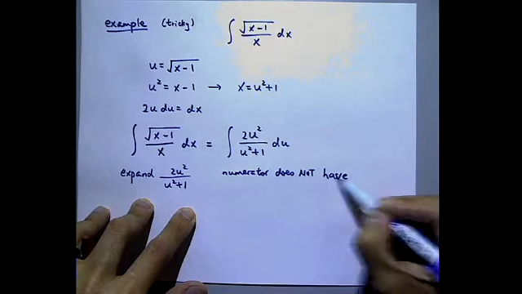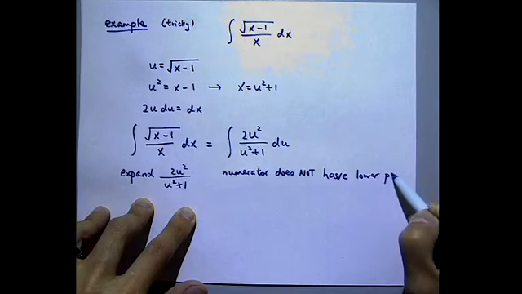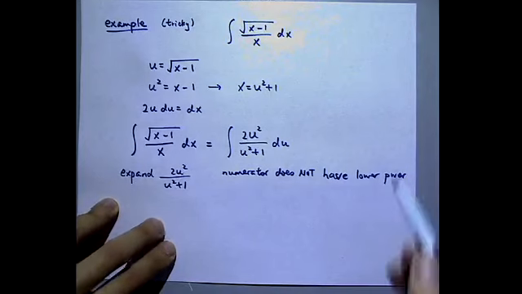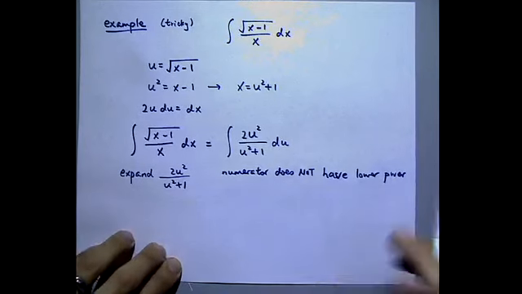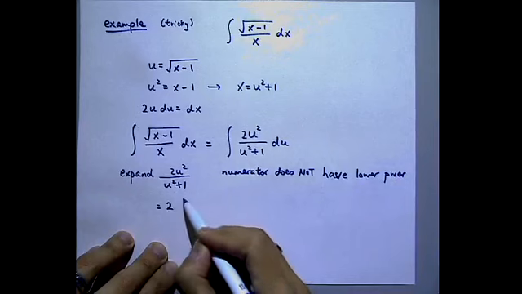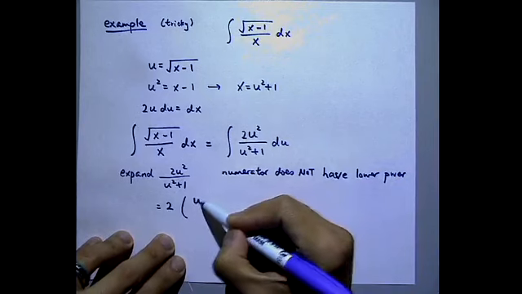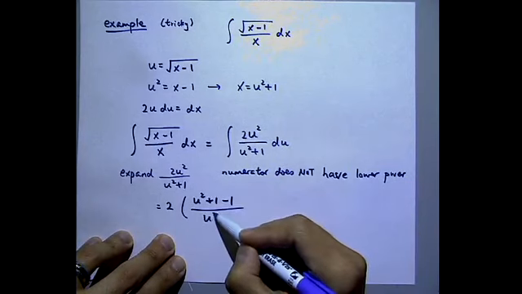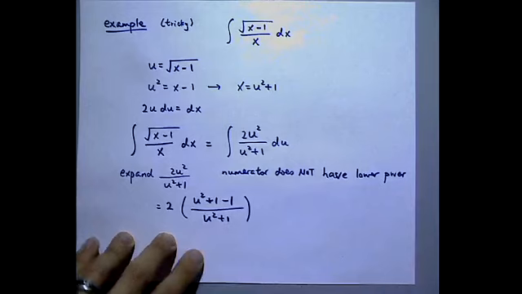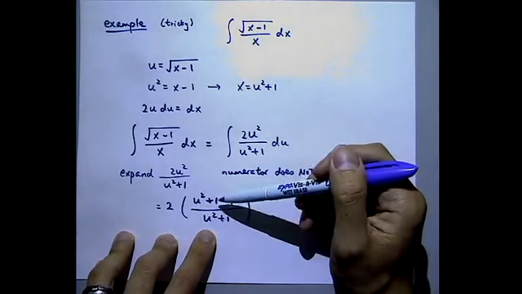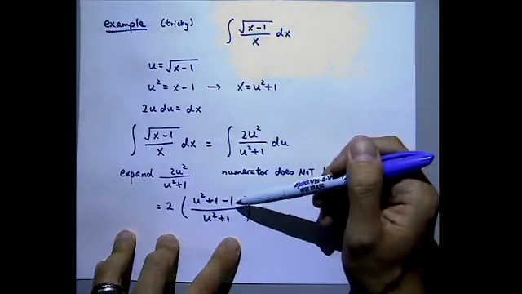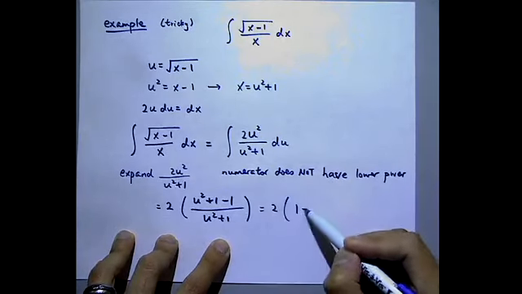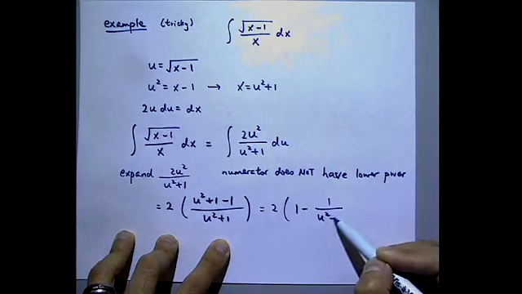It does not have lower power, so we have to reduce it first. This one you don't actually have to do a long division. Sometimes you get lucky. If I add 1 to it, then I can divide this to make it 1 and just get a 1 over u squared plus 1.